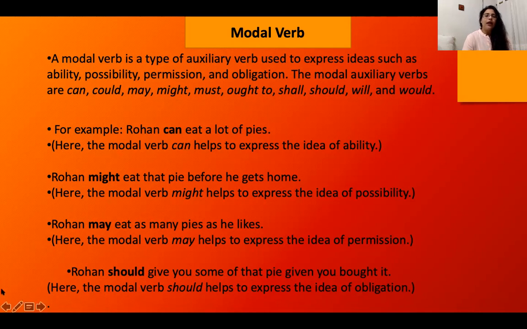So here should expresses the idea of obligation, that he should do it. It is his moral responsibility, it's his duty to do it. So modal verbs are also a form of auxiliary verbs which help a verb to express certain ideas of possibility, ability, permission, obligations. Okay.